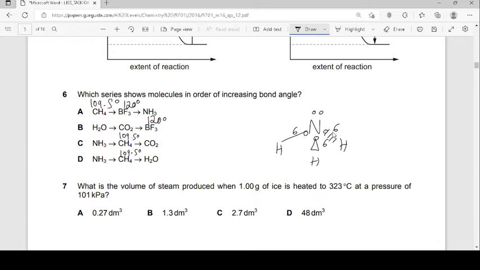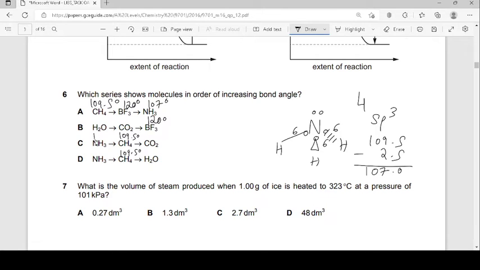So you have 3 sigma bonds and 1 lone pair, so your steric number is 4. So it's sp3, yes, but its bond angle is not 109.5 degrees. It is 109.5 minus 2.5 degrees because of that 1 lone pair. So it becomes 107 degrees.